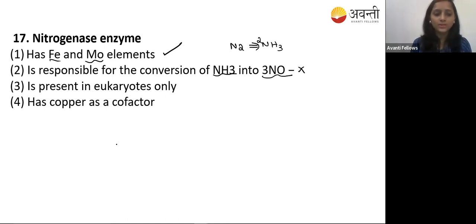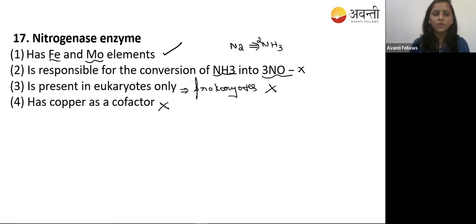Then coming to option 3, it is present in eukaryotes only. No, it is present only in prokaryotes. So that statement is wrong. Then coming to option 4, it has copper as a cofactor. No, it has Fe as a cofactor. So that is wrong.